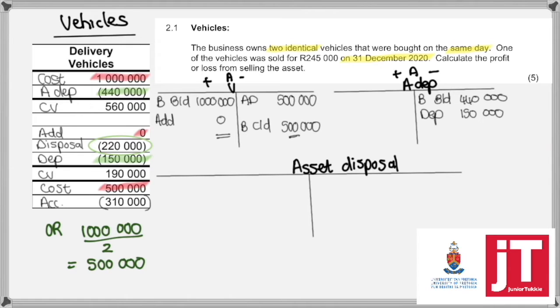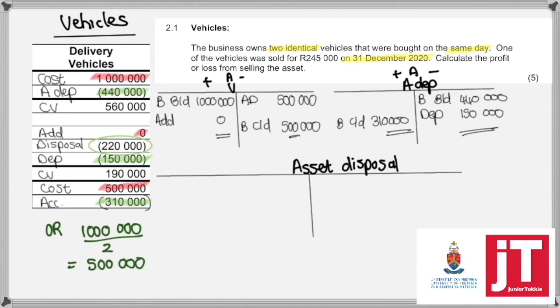But now when calculating depreciation on that which we've sold, it's from the beginning of the accounting period until the day that we've sold it. To calculate on the old, we have to take the beginning until the end, which is equal to 12 months. So I cannot simply take the balance in the beginning plus the depreciation and divide it by 2.